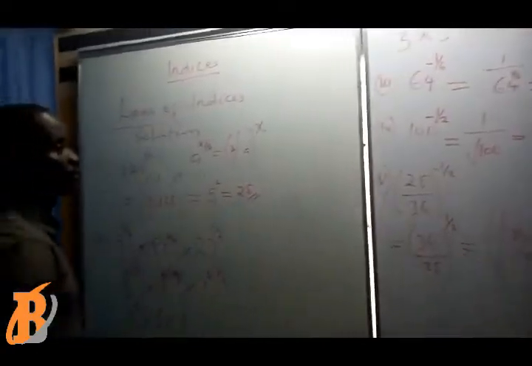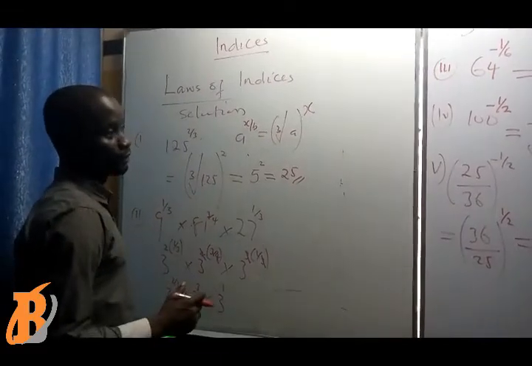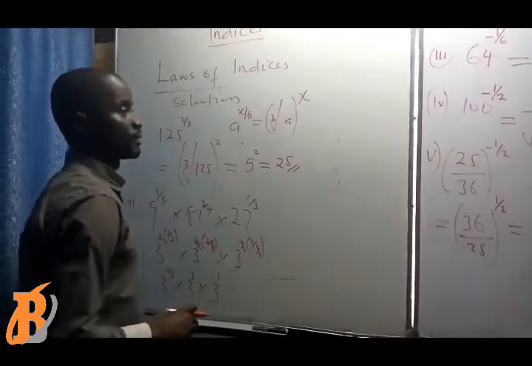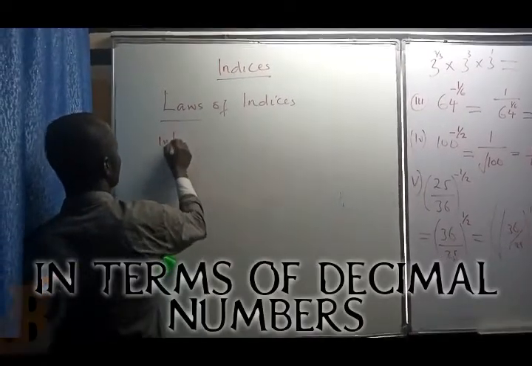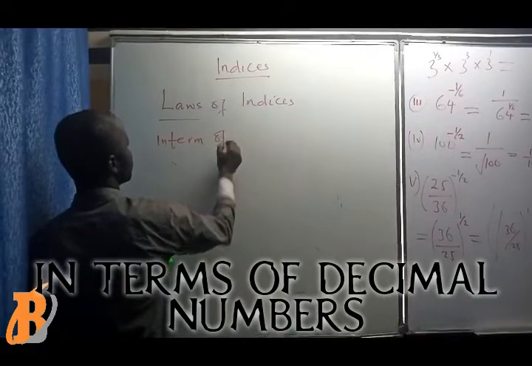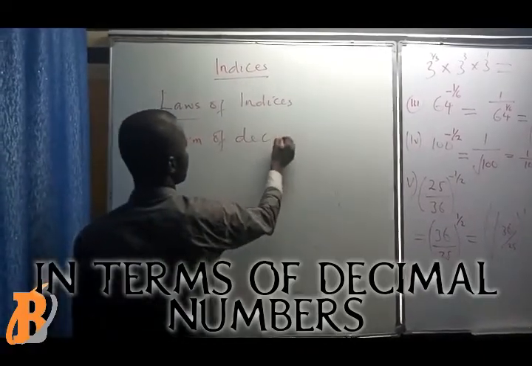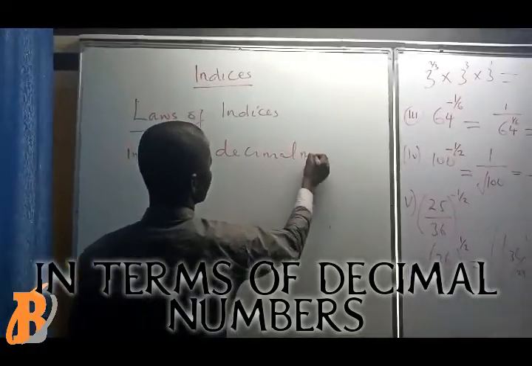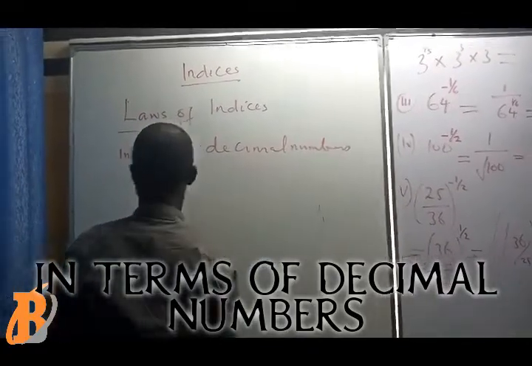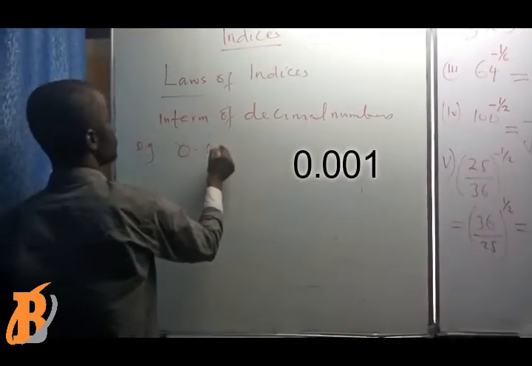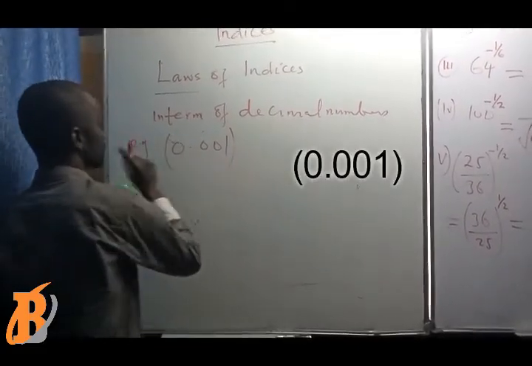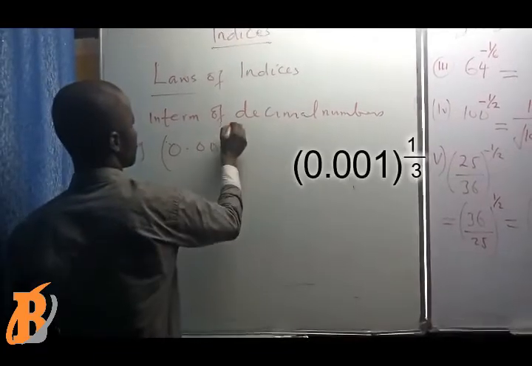But then we're going to look at indices in terms of fractions and decimal numbers first. In terms of decimal numbers, for example, 0.001 raised to power 1 over 3.